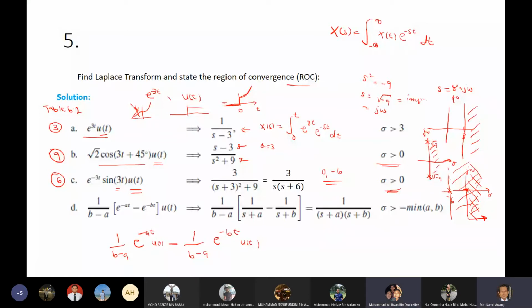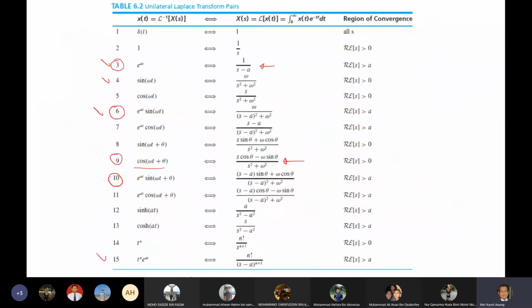This is basically, when you use Laplace transform, the linearity property.